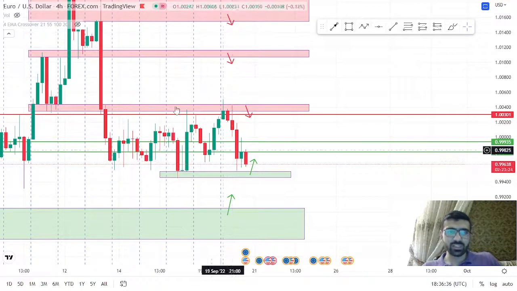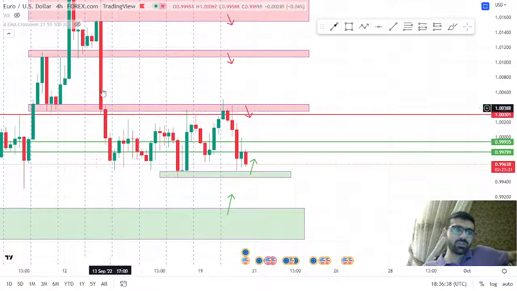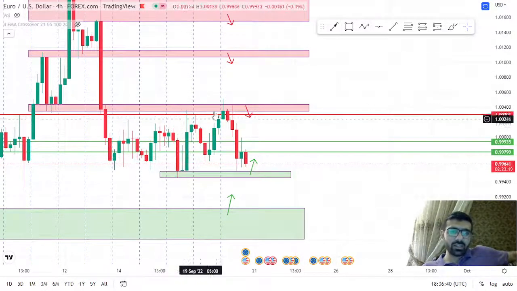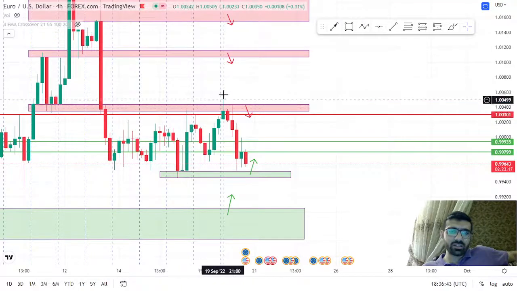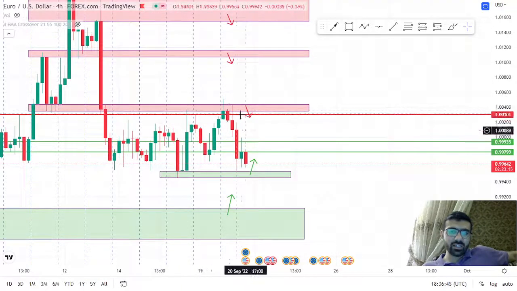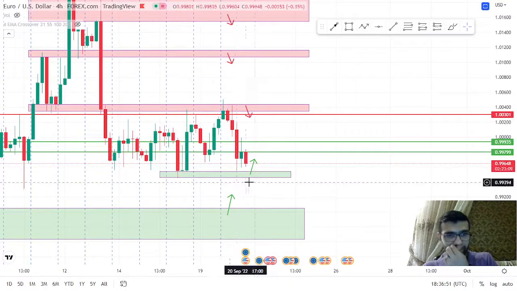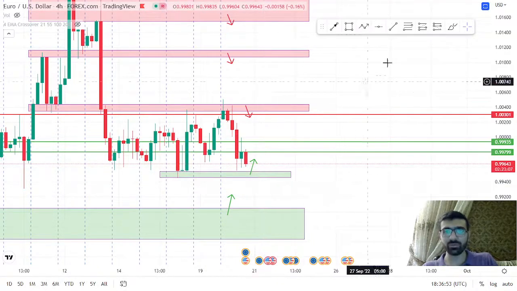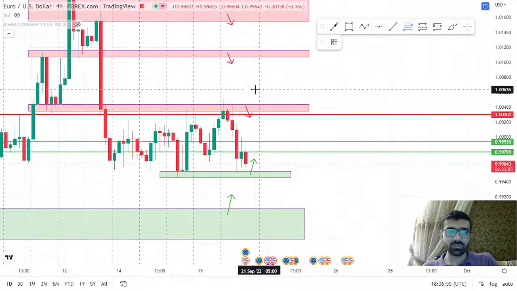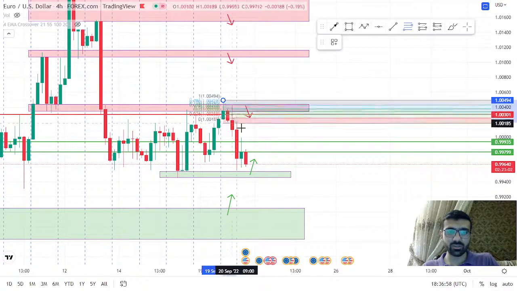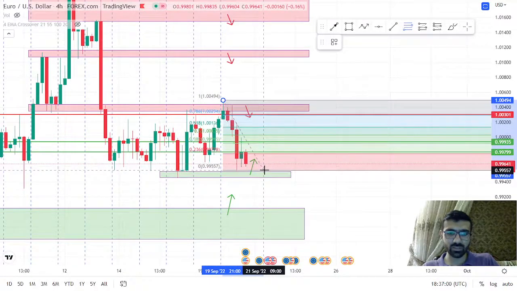But you guys can clearly see that we are in a selling momentum from here. And as we have already taken out this high today, I am expecting the market to go up at least 50% and then to fall again further, and then market will break this area and go further down. Okay, so let me mark my Fibonacci level for you guys, so you guys can have a better idea.